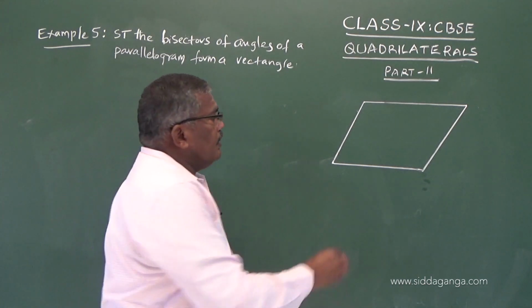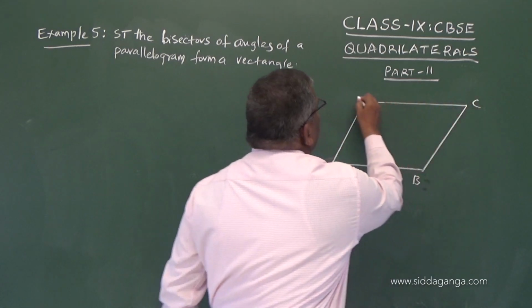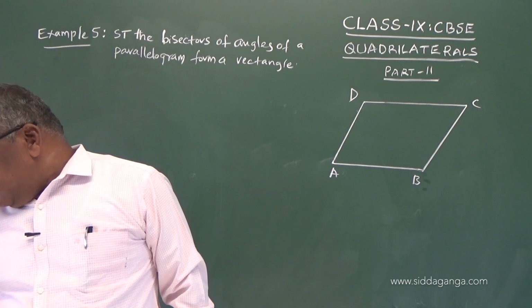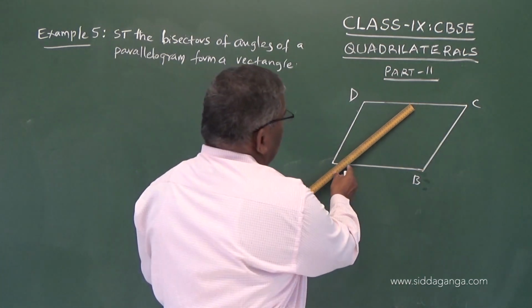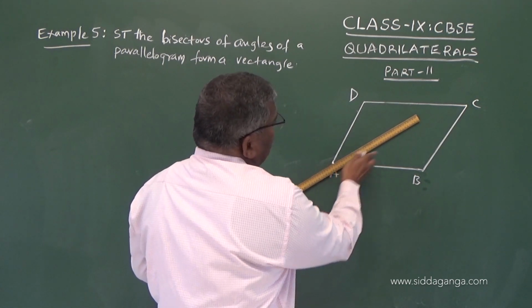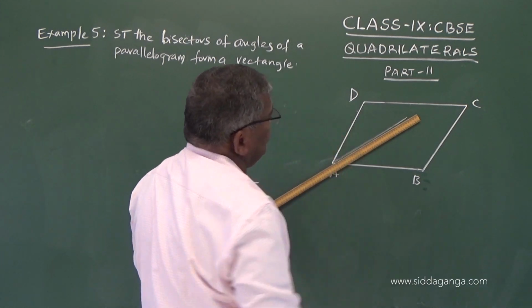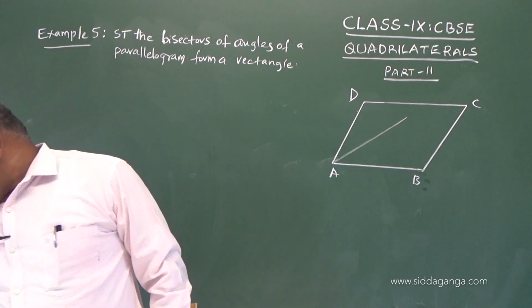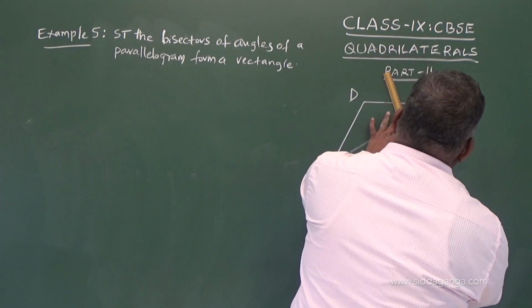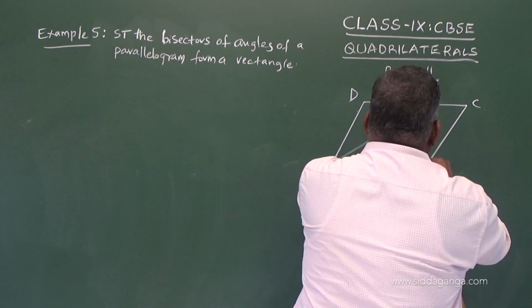This is ABCD, a parallelogram. The angular bisector of A is like this. The angle B bisector is like this.